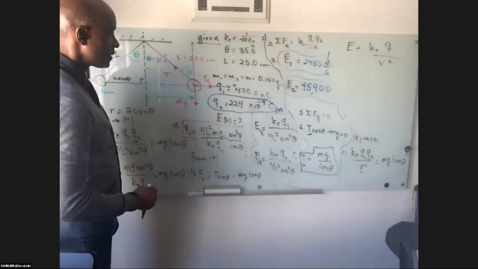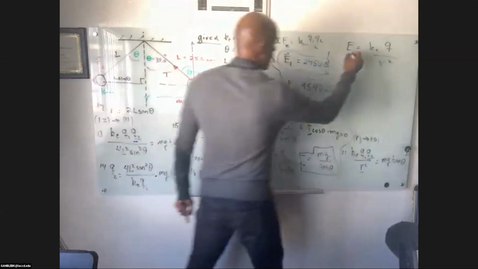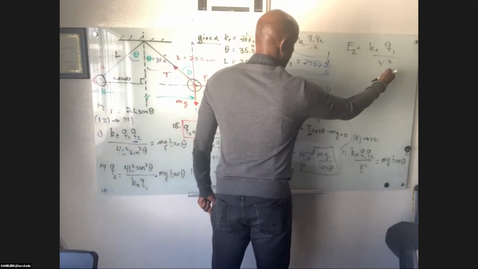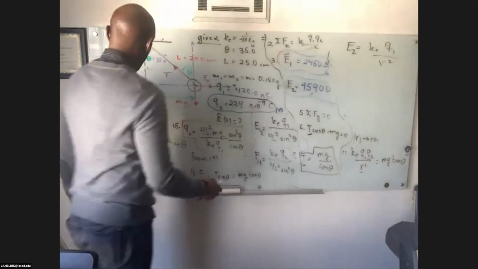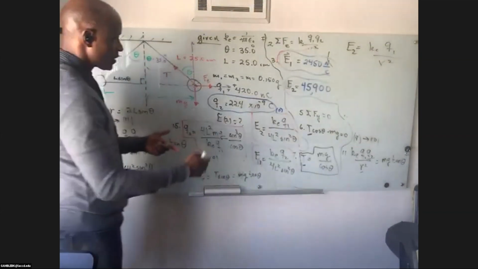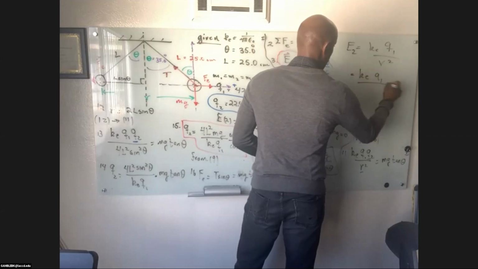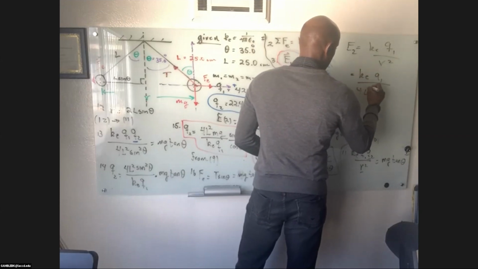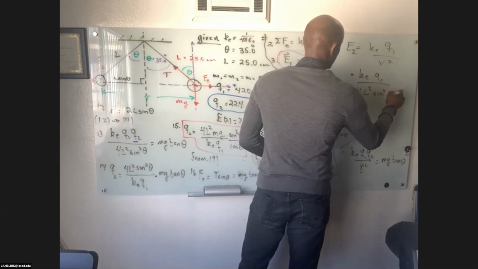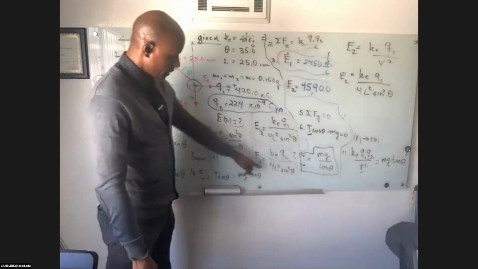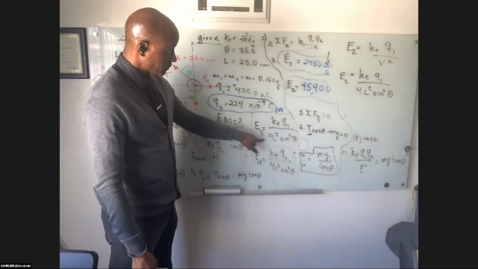R is L sine theta, so R squared is 4L squared sine squared theta. If you put that in, you get k_e Q1 over 4 L squared sine squared theta, which is what we got here.